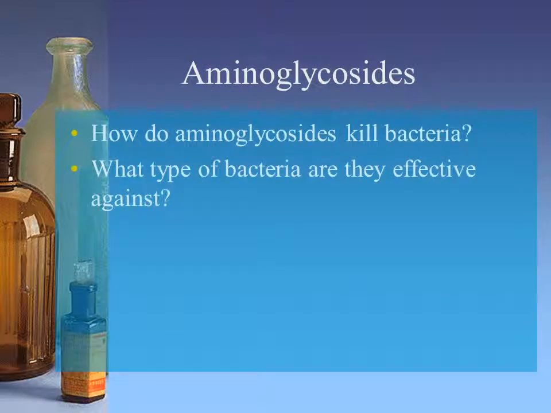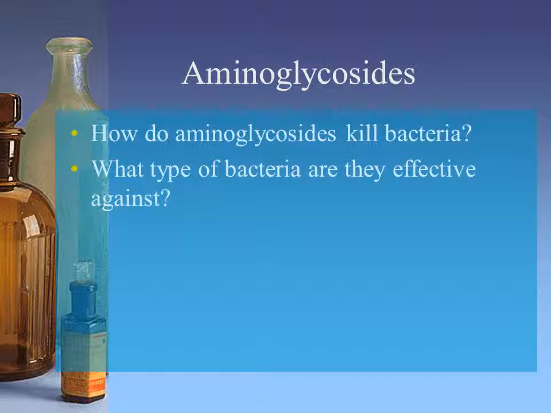The next class of antibiotics we're going to talk about is the aminoglycosides. Their mechanism of action is quite different from that of the penicillins, in that they attach to the ribosomes in the bacteria. If you recall from biology, the ribosomes are where proteins are manufactured.